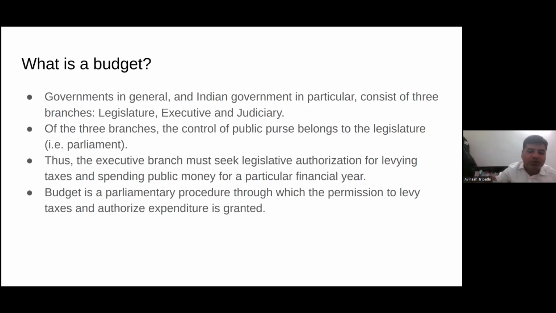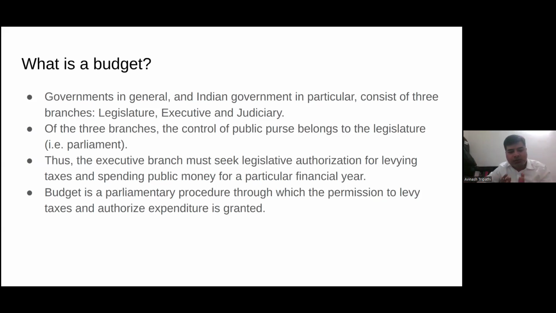Those ministers supervise something called departments. The departments are headed by an official called a secretary. So that is your executive. It is headed by the prime minister and council of ministers, who supervise different departments, and departments are headed by secretaries.